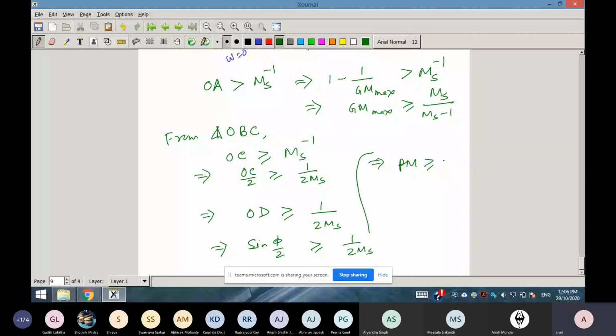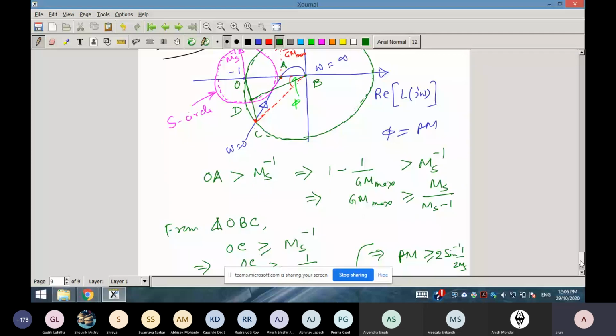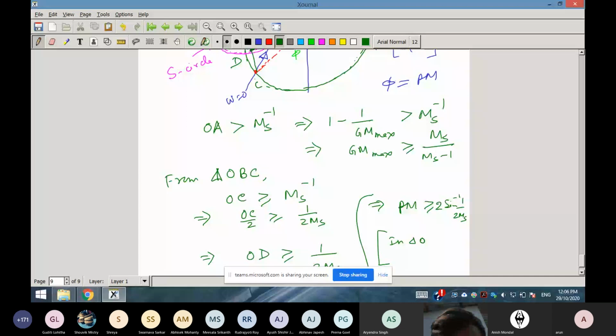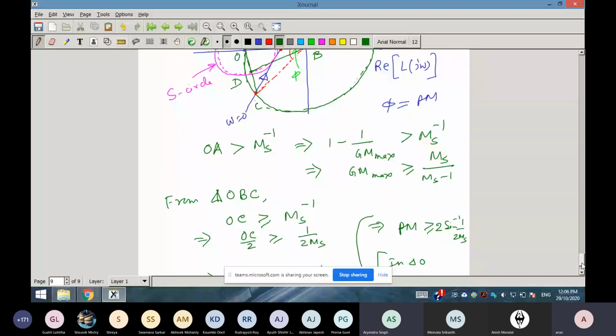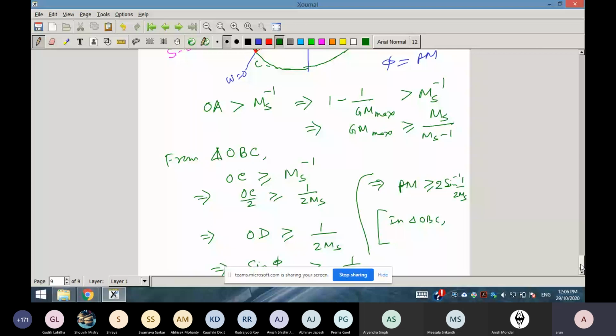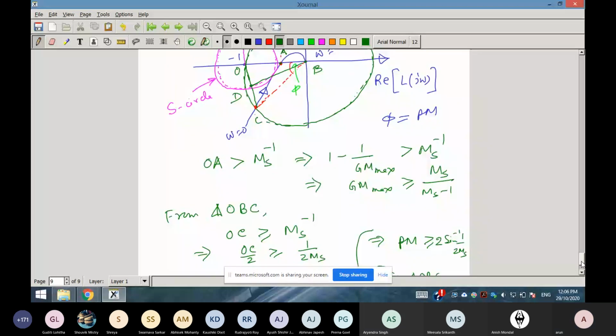So here, just for your information, better to mention ODB in triangle OBC. OB equal to OC equal to 1.